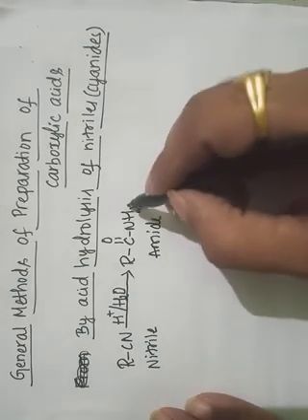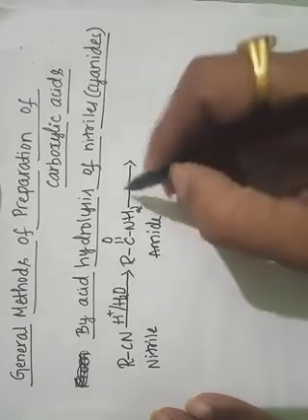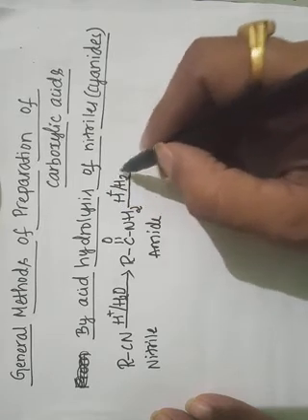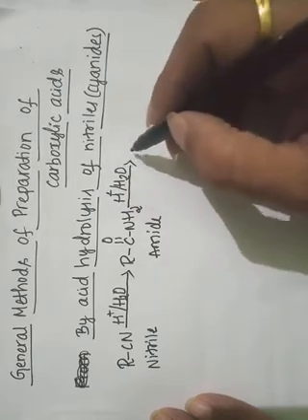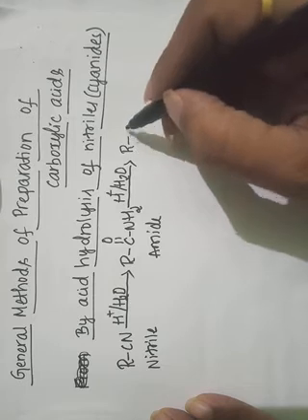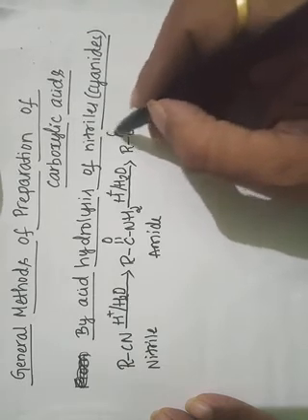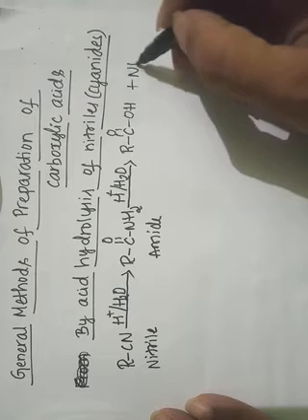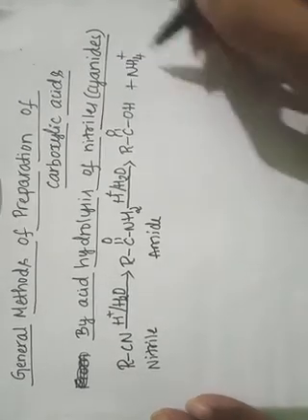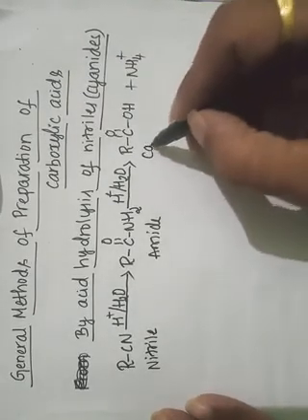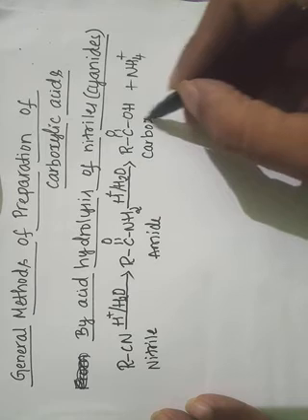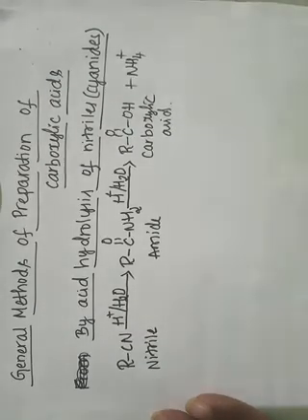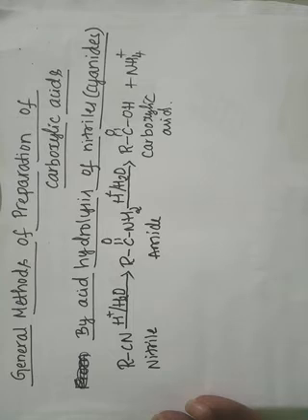Further, these amides upon acid hydrolysis get converted into the corresponding carboxylic acids. So RCOOH, that is carboxylic acid.